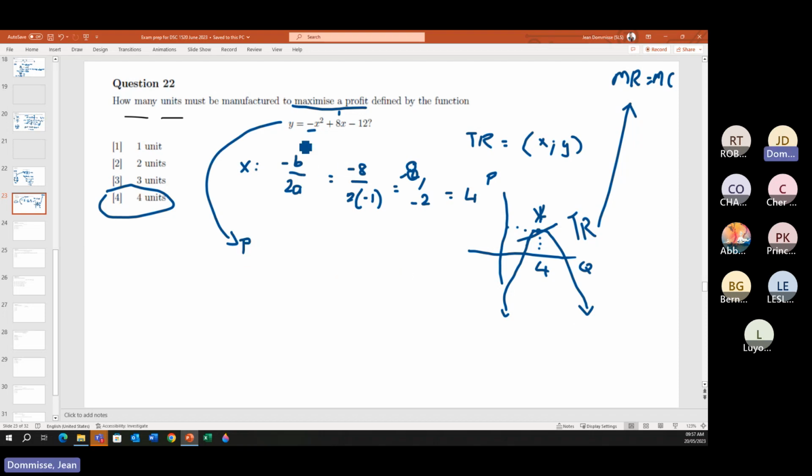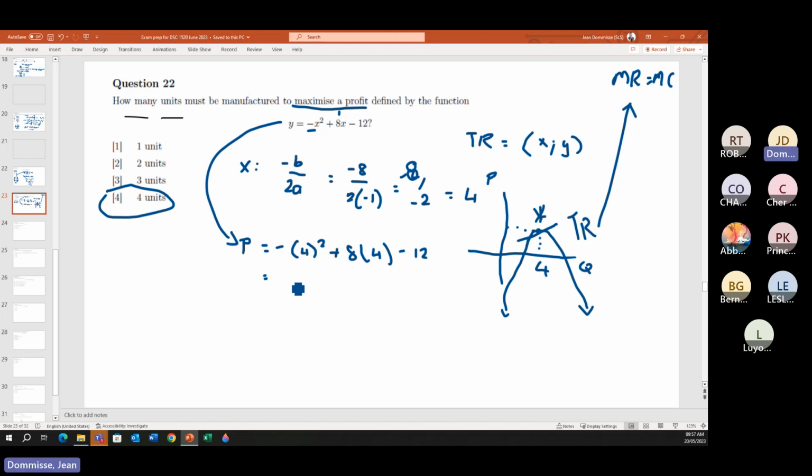So if you needed to get the pricing of that unit, or where it maximizes, you could have just put that four back into it. So let's do it, just in case something like this does get asked in your paper, then at least you know.